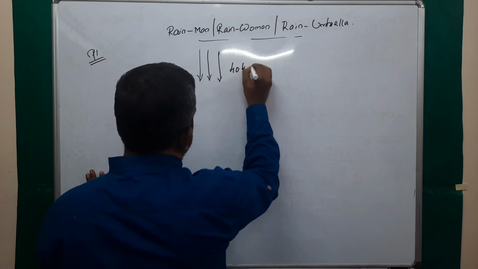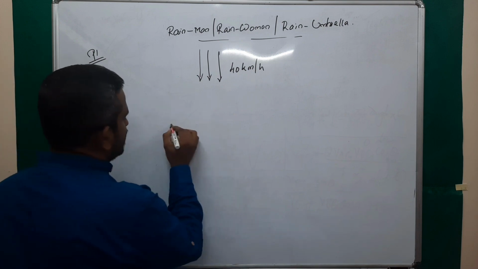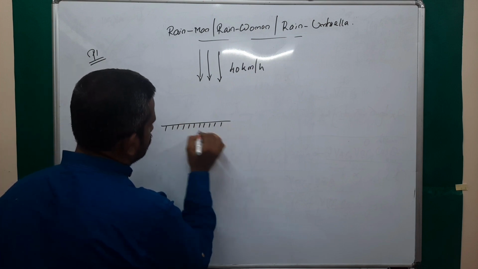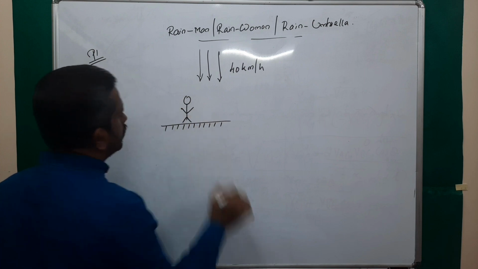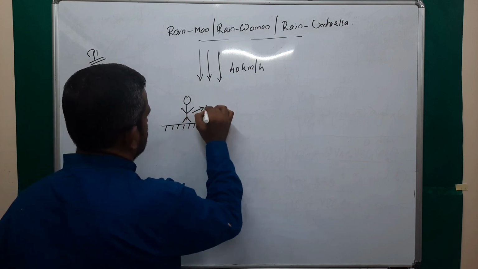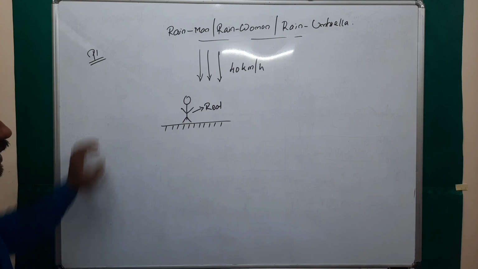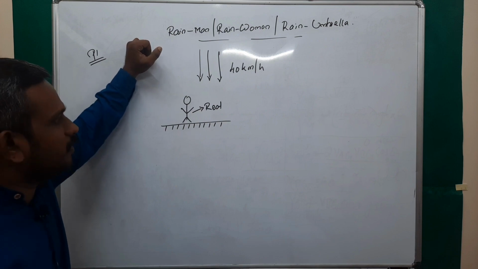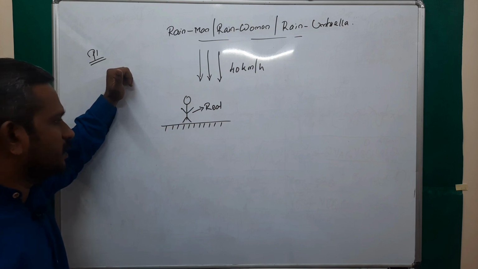The man is standing on the ground at rest. So the rain is falling vertically downwards with a speed of 40 km per hour, and the man is standing on the ground at rest.